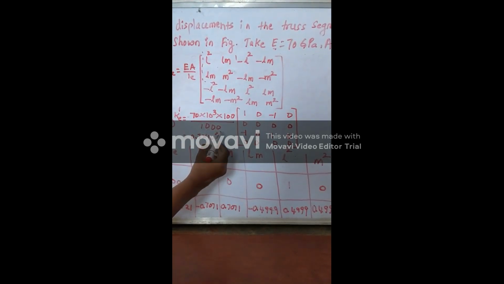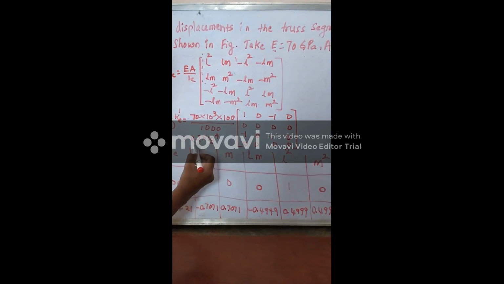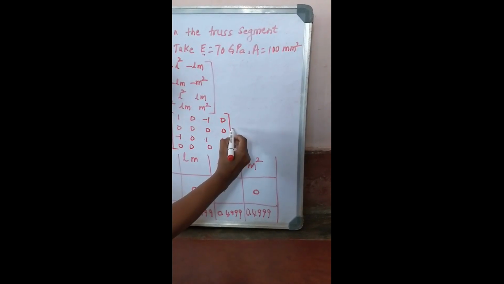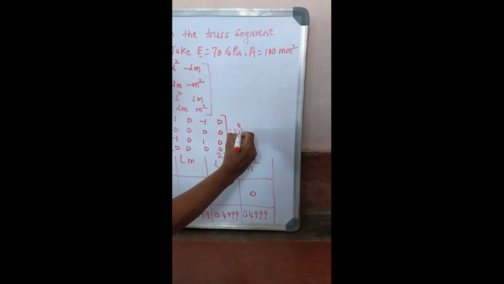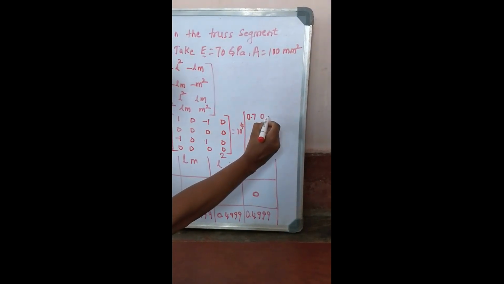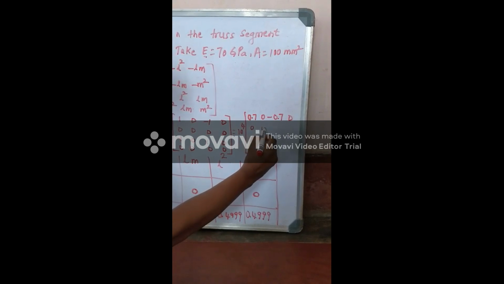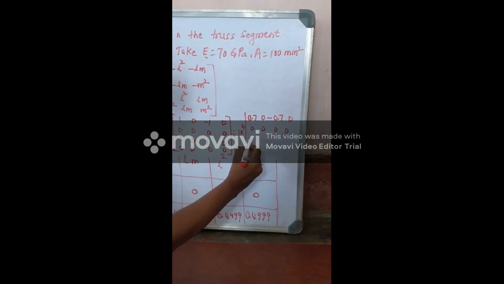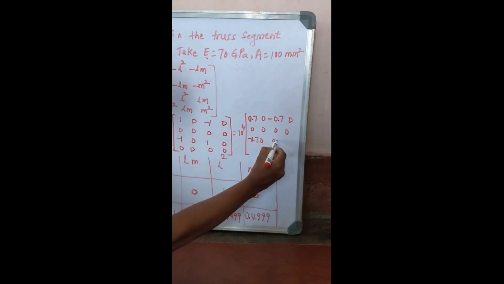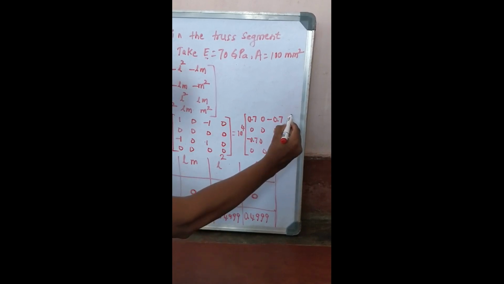I'll keep this power outside, which is 10 power 4, multiply the 0.7 inside, and rewrite this matrix like this: 10 power 4, 0.7, 0, minus 0.7, 0, 0, 0, 0, 0, minus 0.7, 0, 0.7, 0, 0, 0, 0, 0.